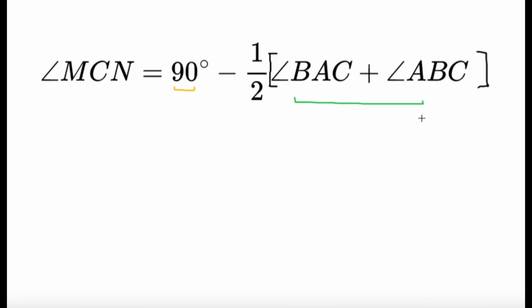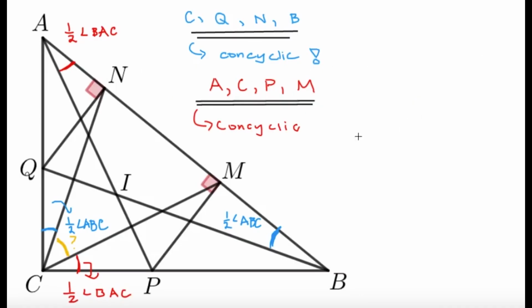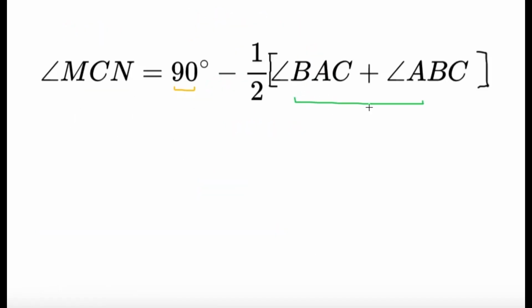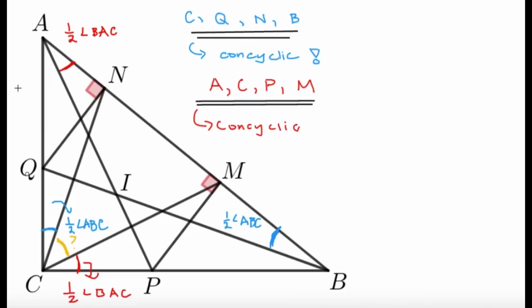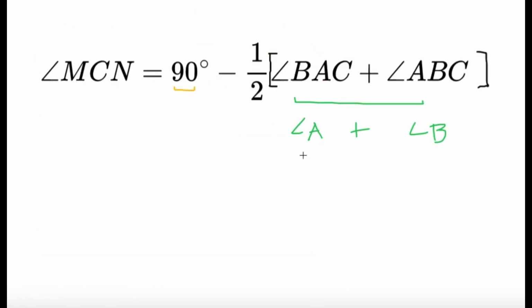Angle BAC plus angle ABC is essentially angle A plus angle B of triangle ABC. And we know that triangle ABC has a right angle at C. Therefore, angle A plus angle B is equal to 90 degrees.